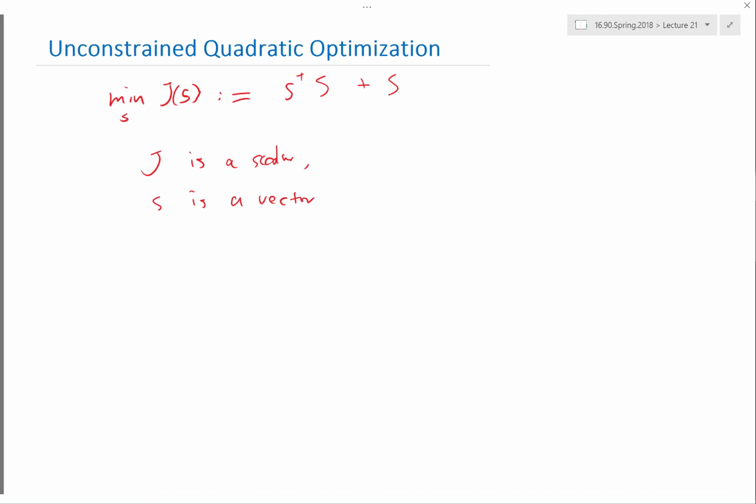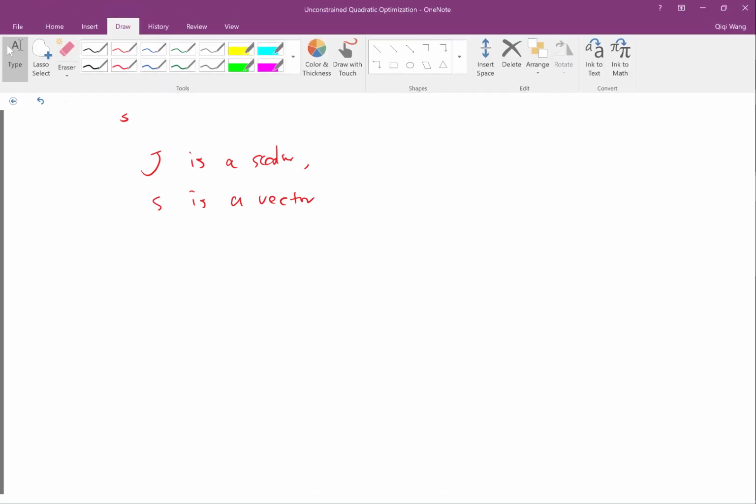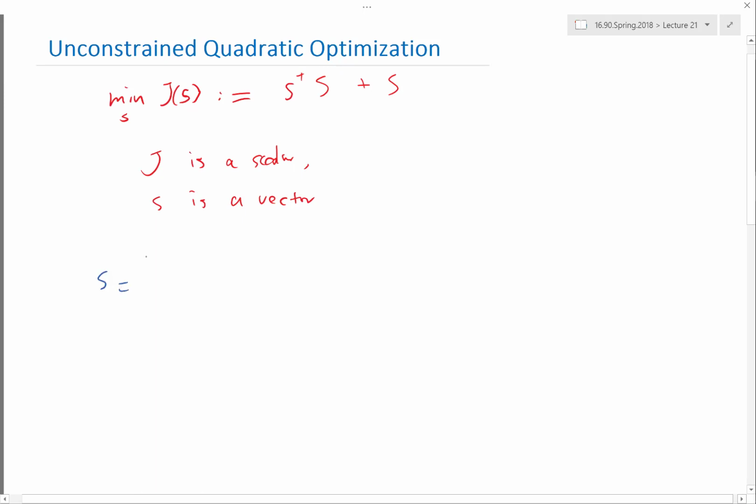Let's just imagine, for example, let's make an example. Maybe that helps a little bit. S is equal to S1 and S2, so it's a two-dimensional vector. Can you think of a form J that is just written in terms of S1 and S2 that is quadratic? S1, S2. Yeah, S1 times S2 is also quadratic, right?